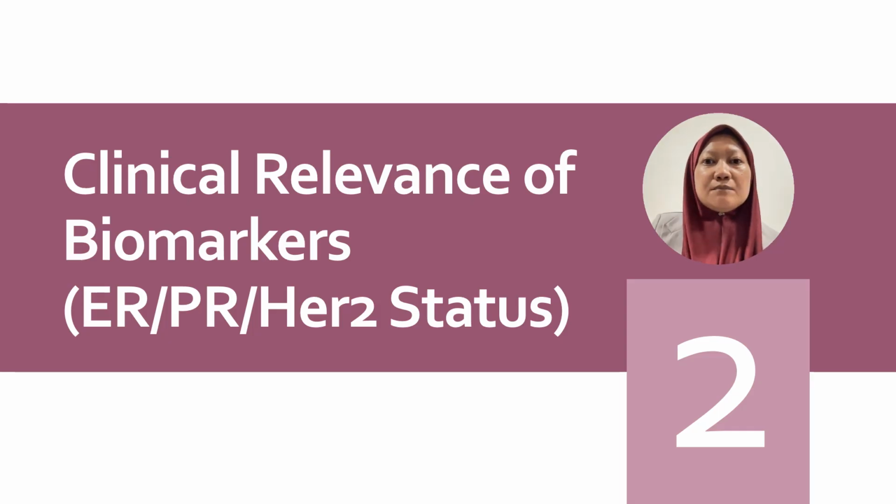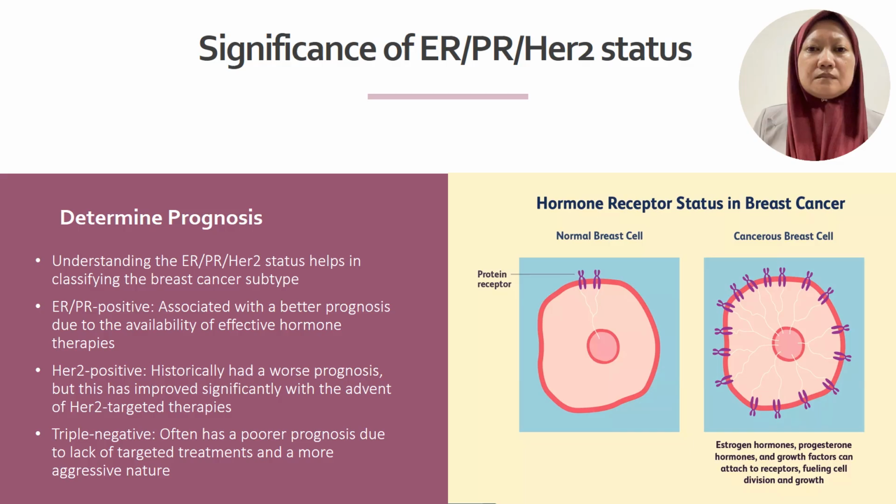So why is it important for you as nurses to understand these biomarkers? First and foremost, understanding the ER, PR, HER2 status is vital because it allows us to accurately determine the prognosis of breast cancer.